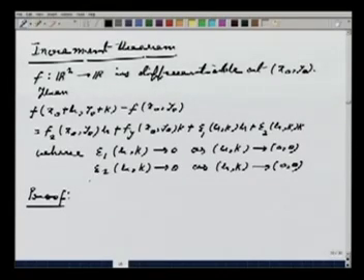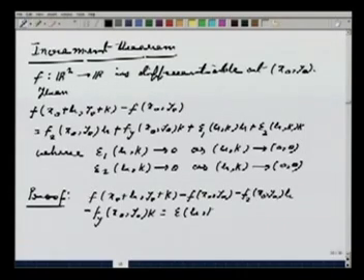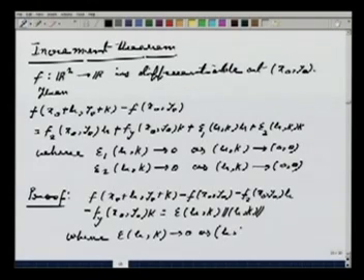So as f is differentiable, I know that f of x naught plus h, y naught plus k, minus f of x naught y naught, minus fx at x naught y naught times h, minus fy at x naught y naught times k, that is equal to some epsilon hk times norm hk, where epsilon hk goes to 0 as hk goes to 0, 0.